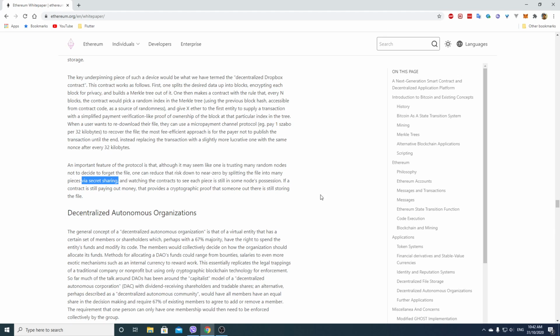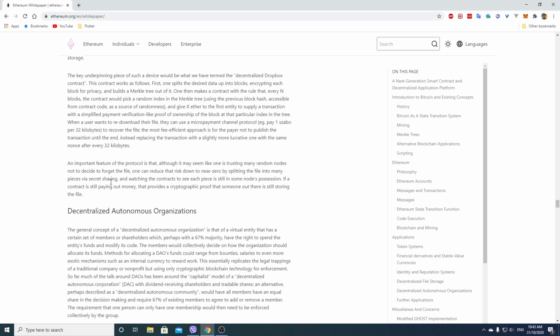But what they say here is that you split the file into pieces, but you have a rule that to get a piece, you need, for example, one of 2 copies, and you're overpaying for the storage, but it is like redundancy.